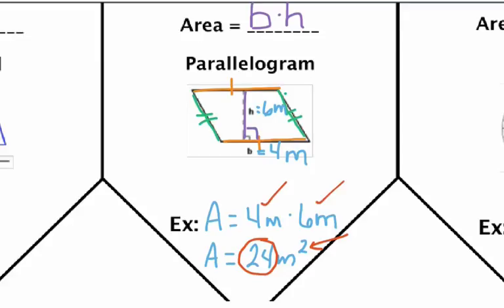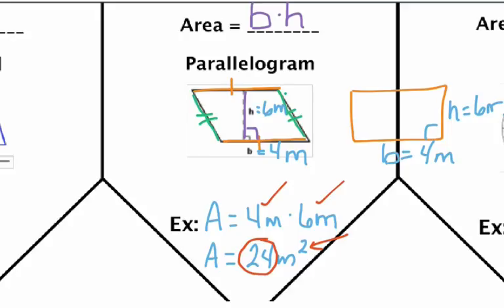1, 2 measures. I'm going to show you one more thing just so you understand why a parallelogram is calculated with the same formula as a rectangle. So if we had a rectangle with these same dimensions of a height 6 meters and a base of 4 meters, we could have taken an imaginary line and cut this triangle and moved it.